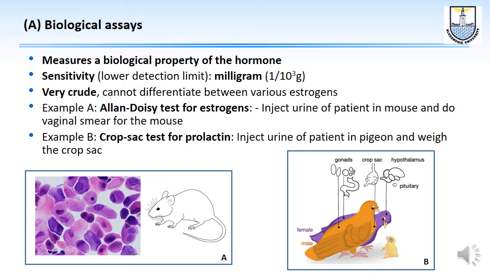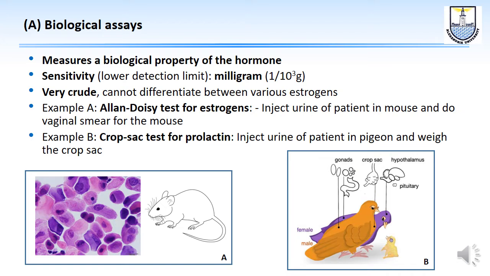Another example is the crop sac test for prolactin. Now, the crop sac in pigeons is like the breast in women. So again, we inject the urine of the patient and then we weigh the crop sac. We weigh it before and we weigh it after.